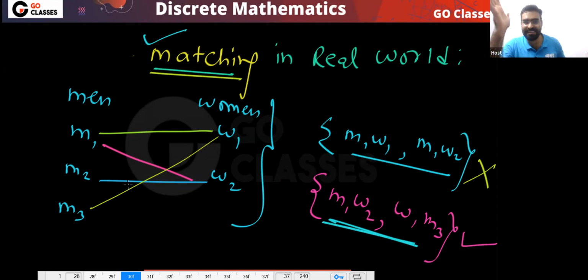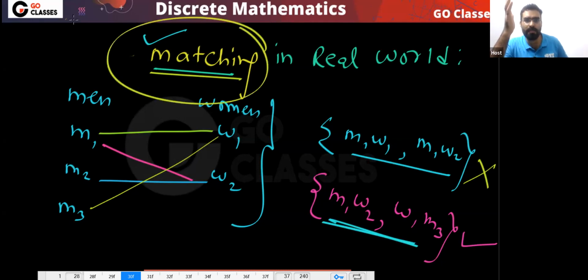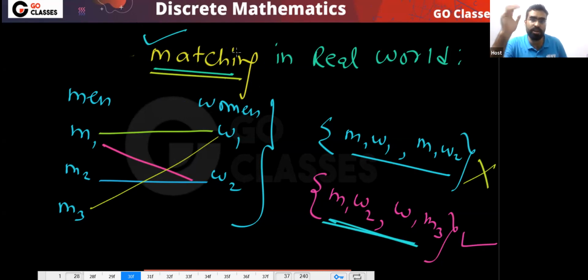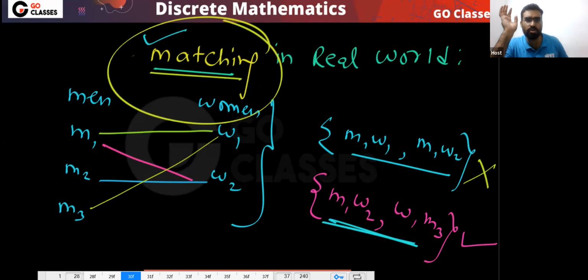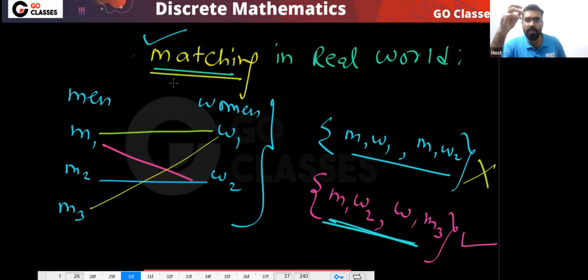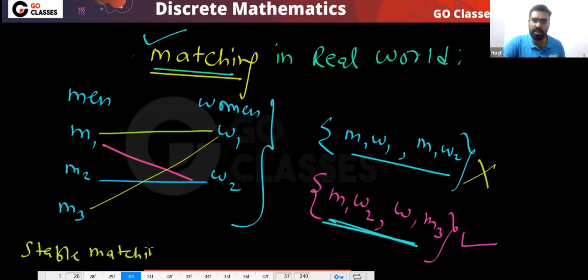So very simple. This is the application of matching, and matching is a very, very important concept. This concept is used in economics for stable matching. There is a problem called stable matching.